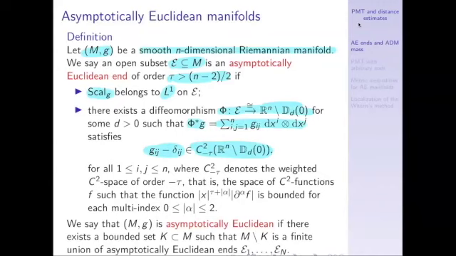Now, we say that the Riemannian manifold (M, g) is asymptotically Euclidean if there exists a bounded set K such that M minus K is a finite union of asymptotically Euclidean ends.